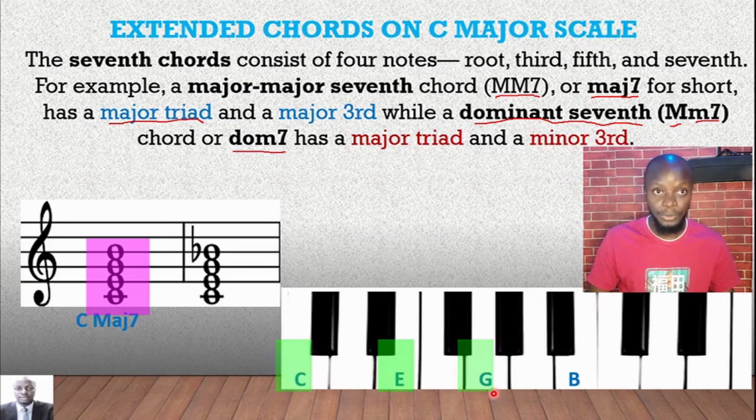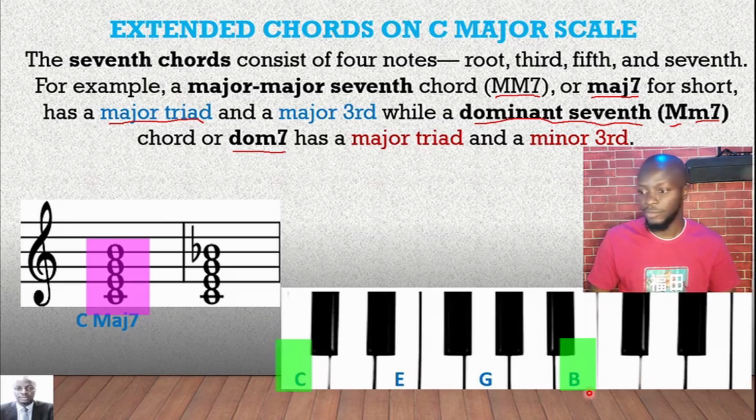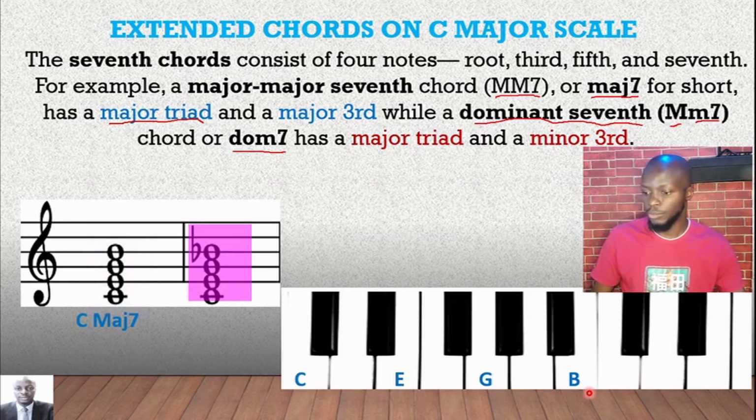It has a major triad. And you have the major 7th, that is from the root to the 7th, we get a major 7th. So from C to B is a major 7th, and that is C major 7th. And let's look at the second one.